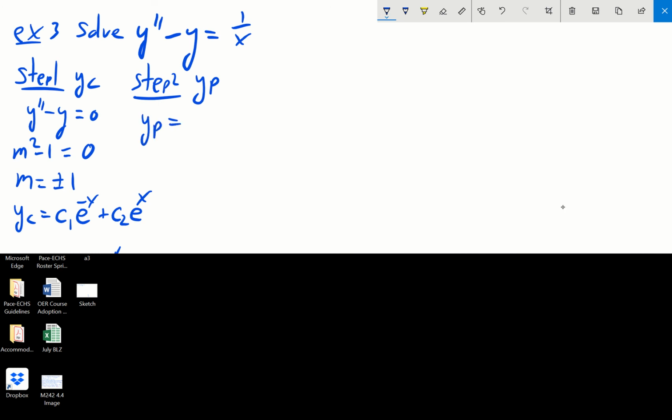We assume that y sub p is equal to u1 times y1 plus u2 times y2, where y1 is e to the negative x, and y2 is e to the x. And we know we need the Wronskian in a minute, so I might as well just go ahead and also compute these derivatives.